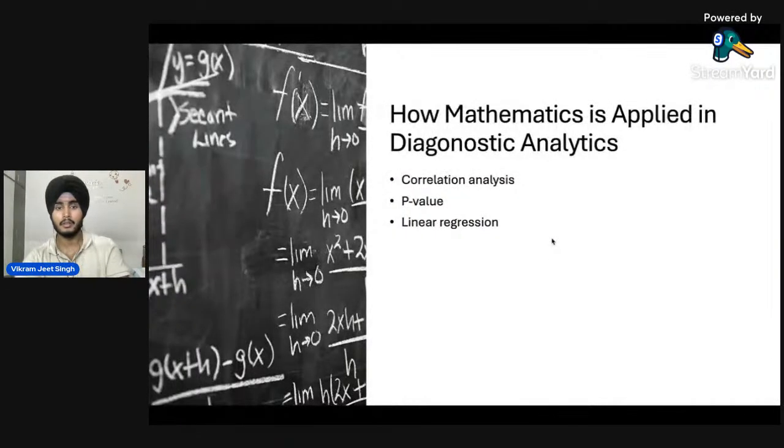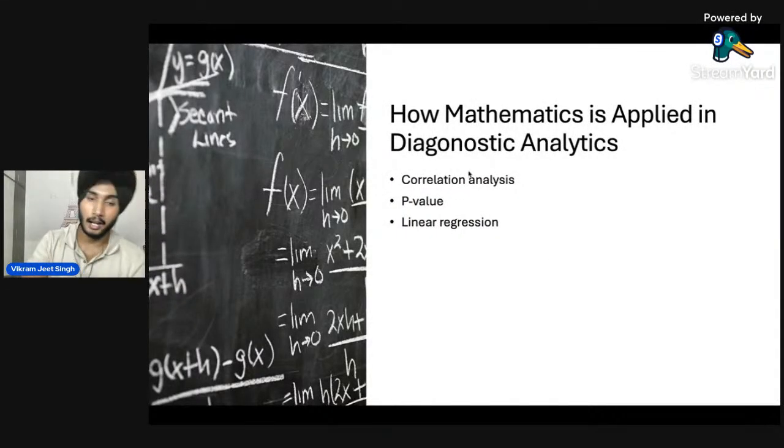Let me come back to the slideshow. So this is how correlation analysis goes. This is the maths behind it, and we had studied it in our school times. Linear regression works on a similar basis.